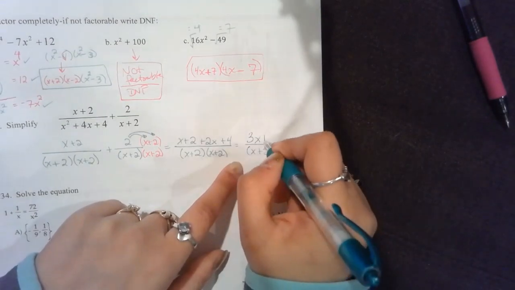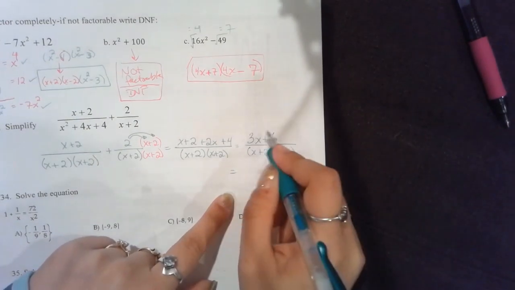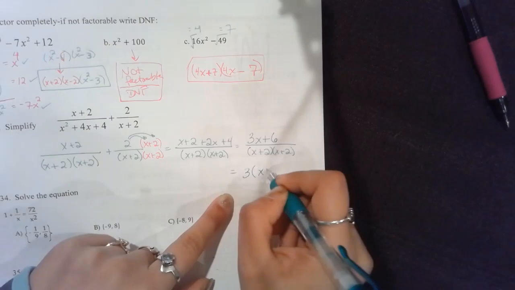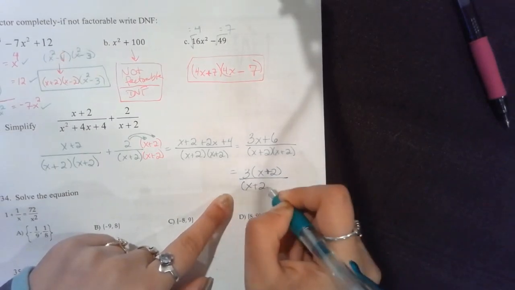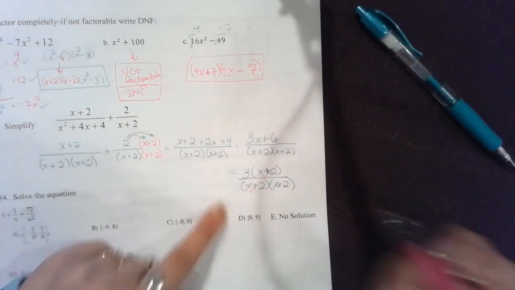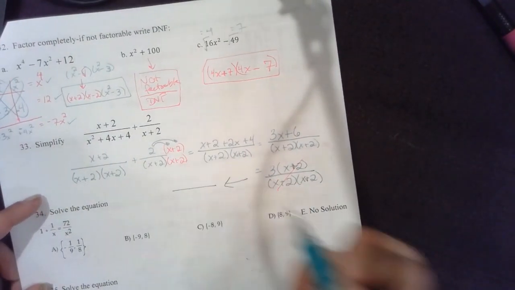I can actually take out a 3 here, and that's an x plus 2. And now we notice the x plus 2's cancel. So I know it's weird the direction I'm going in, but the final answer is 3 over x plus 2.